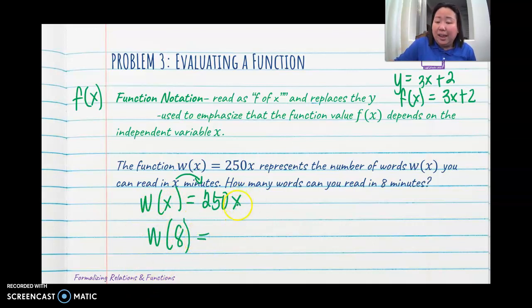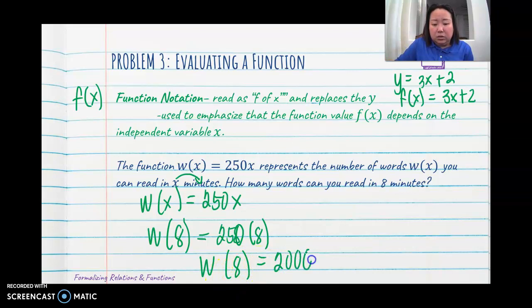And so all the x's in the expression will be replaced by 8, okay? So if you evaluate 250 times 8, when you are reading in 8 minutes, that is a total of 2,000 words that can be read in 8 minutes, okay?